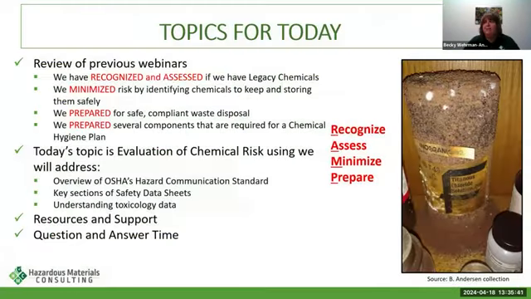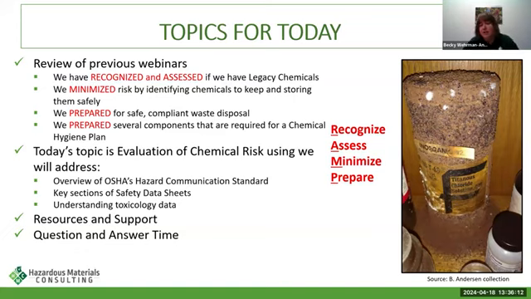All right, topics for today. First, we're going to do a quick review. We've recognized and we've assessed, and we've discussed a lot in the first couple of webinars about legacy chemicals, what they are, helping you to identify whether or not you have them, and especially calling out those ones that are really dangerous to make sure that you leave them in place. Don't mess with them until we have a plan. We've also minimized risk by identifying chemicals that we just need to get rid of because of age, quantity, integrity of the container, or risk exceeding the utility of that chemical.